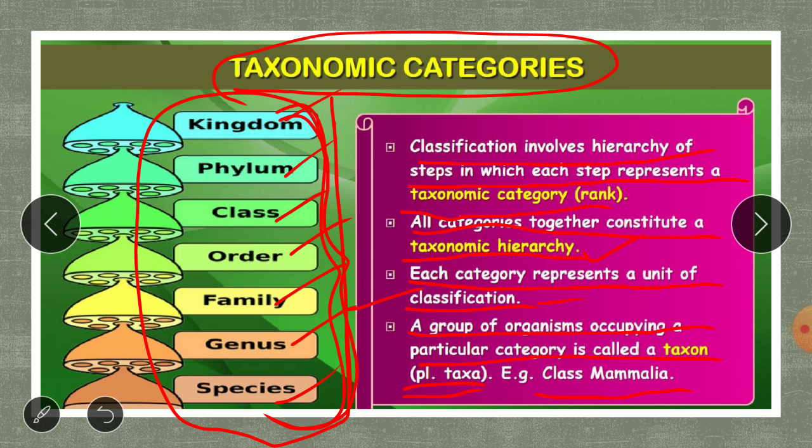Example, class Mammalia. Suppose we take this class, this is a taxon, or family, this is also a taxon. Each group of organisms occupying a particular category is called a taxon. When we take the plural form of taxon, it is taxa.